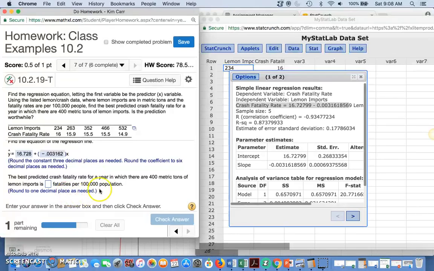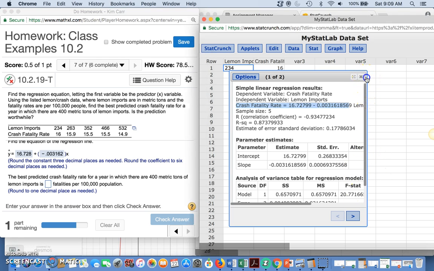The best predicted crash fatality rate for 400 tons. Okay, they didn't give you a significance level, but you would assume a 0.05. Your R here is the 0.934, but we don't have the chart here.